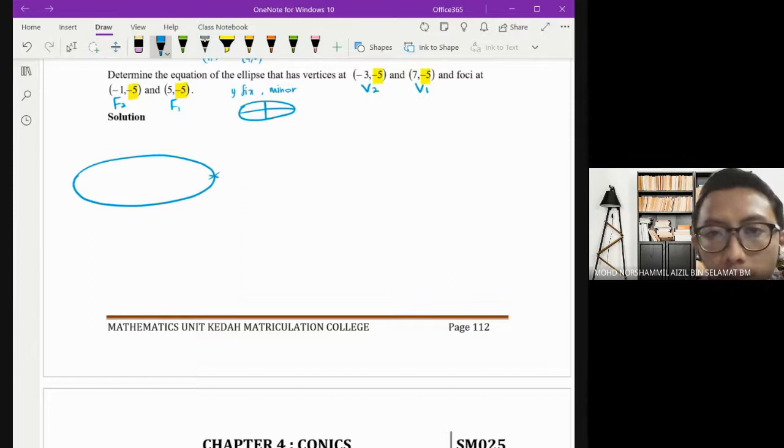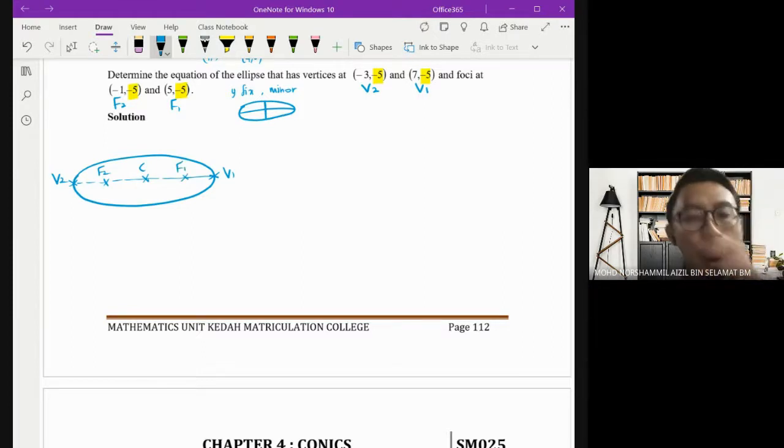So somewhere here is your V1. Here V2. Okay, so here is your major axis. Of course, in the middle will be the center. Here for side 2, here for side 1. Okay, please understand that we need to get the equation.